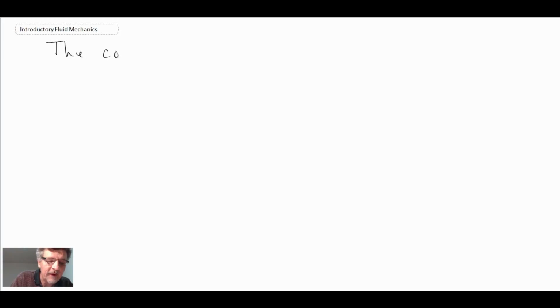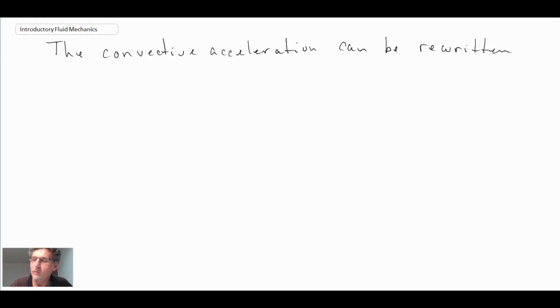That was the convective acceleration. We are going to rewrite it using some of the different operators that you learn in your mathematics courses. And the one that we will use is the gradient operator.